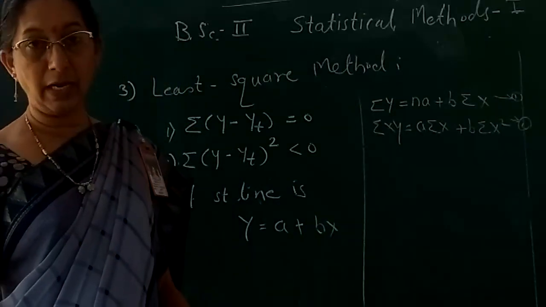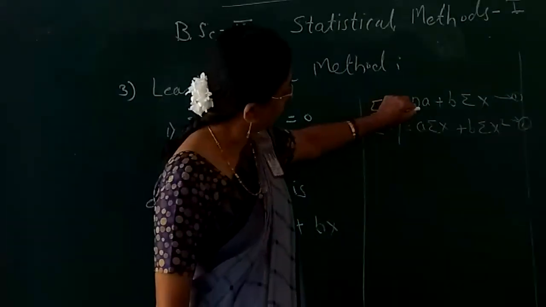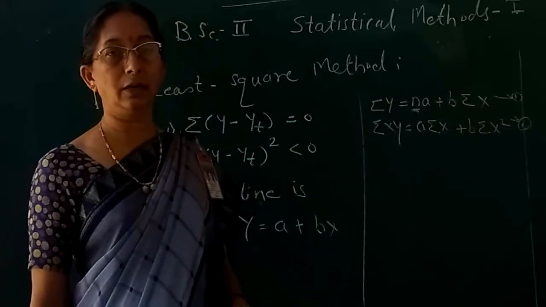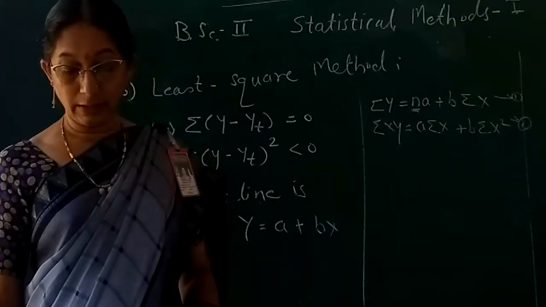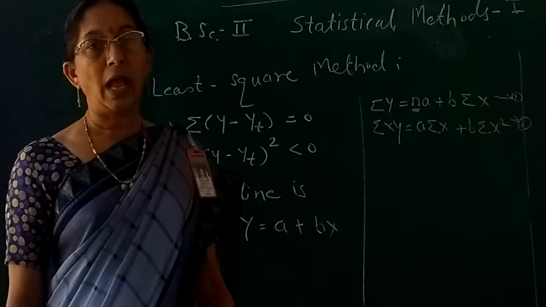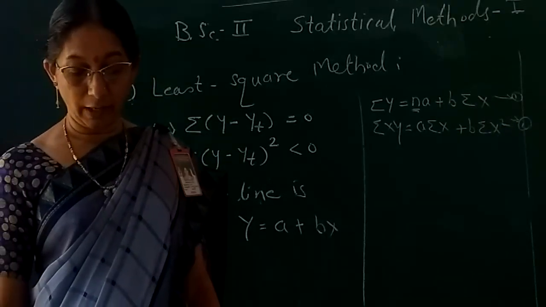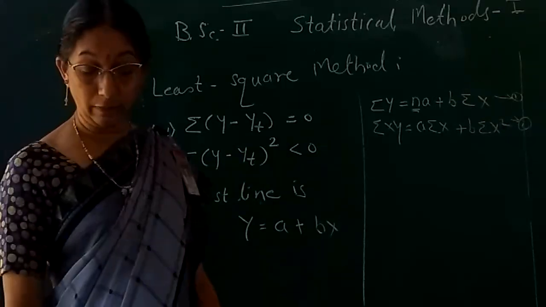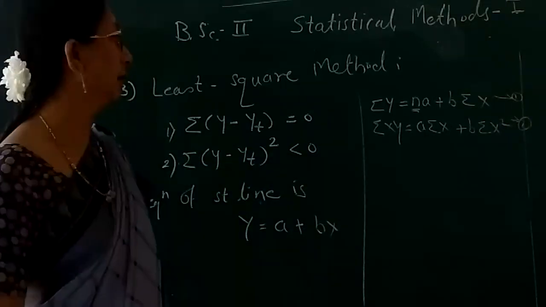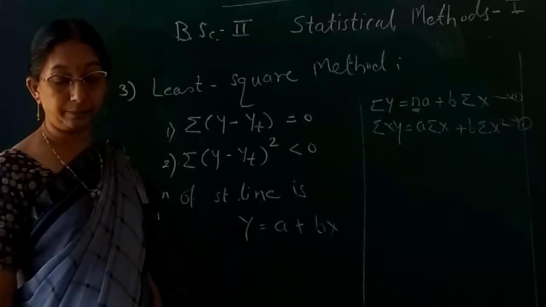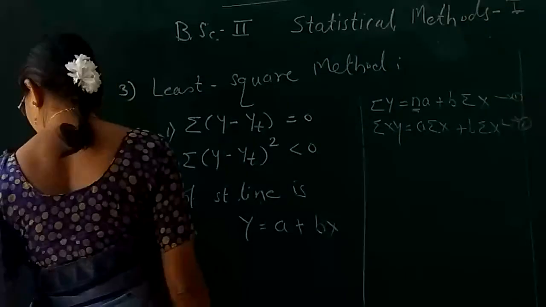Where n represents the number of years, months, weeks, as the case may be. The values of a and b are calculated by solving these two equations. We get the trend line.